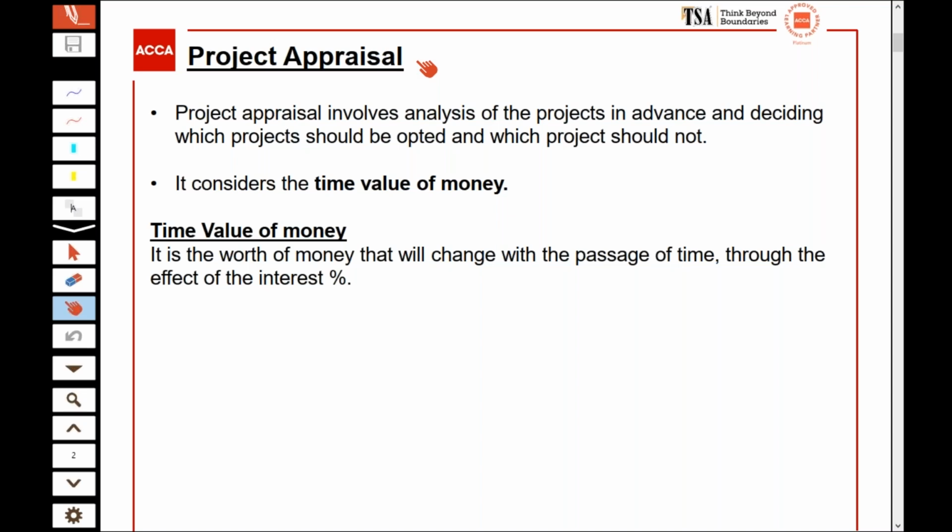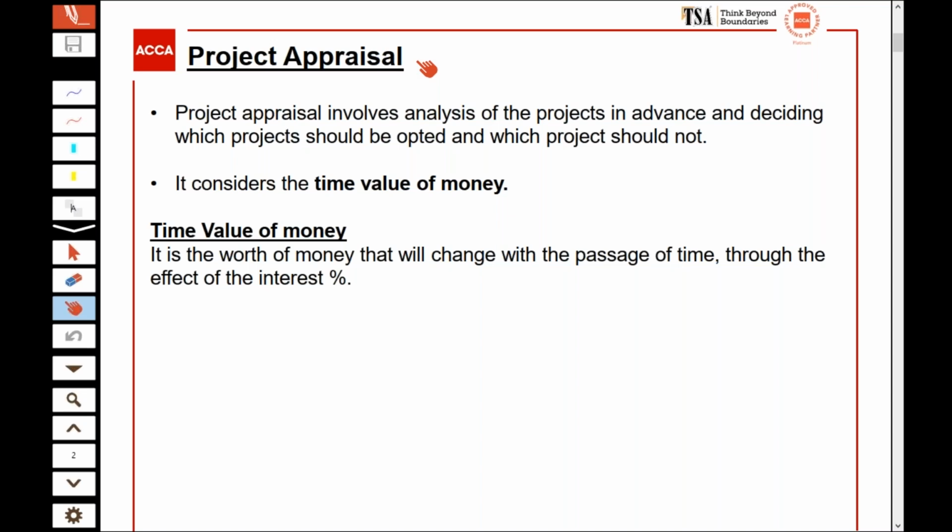Whenever you study the paper FM, Financial Management, in future, this chapter will act as the base chapter for your future studies. From the perspective of the MA exam, this chapter is also important.